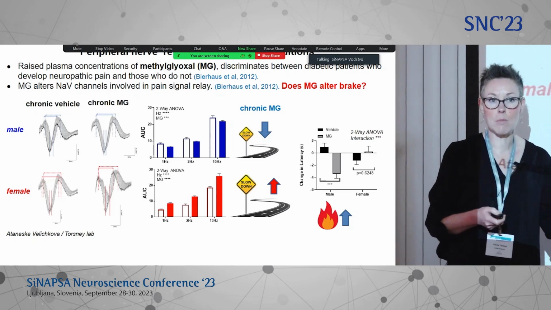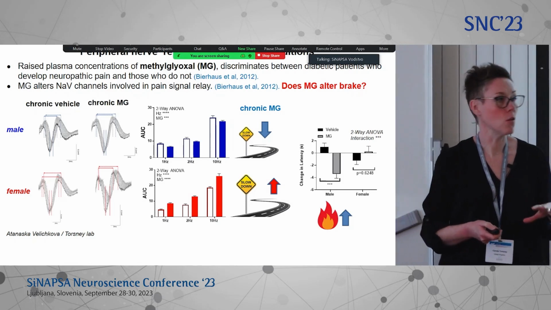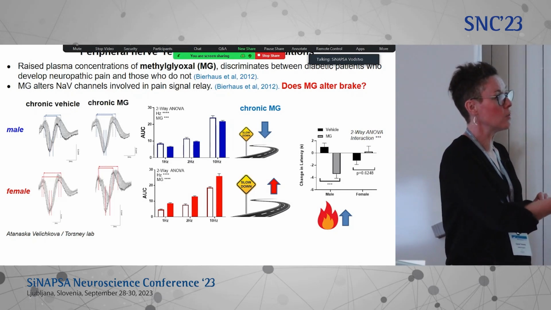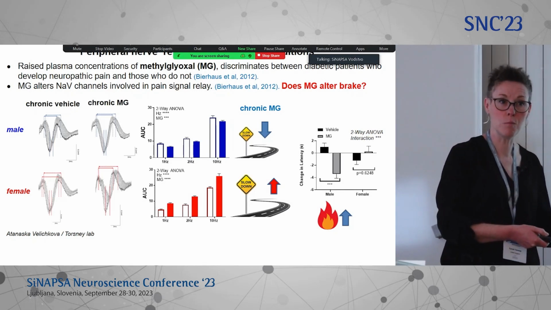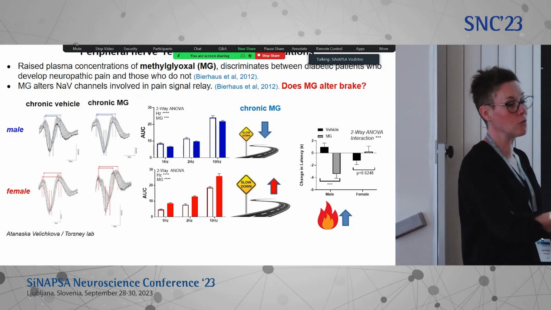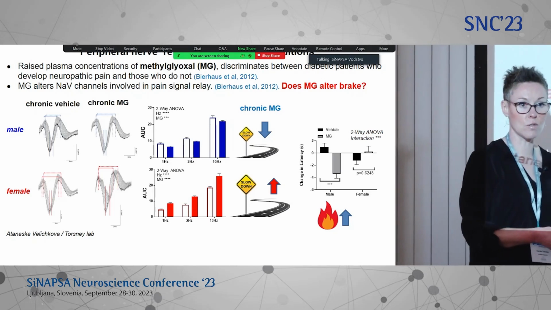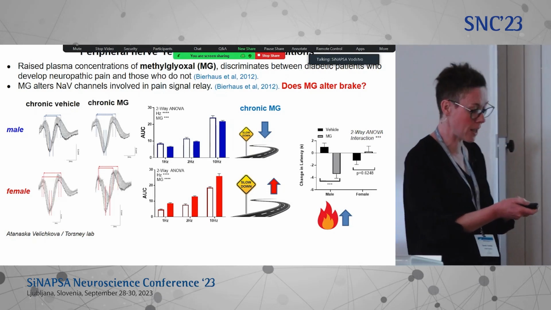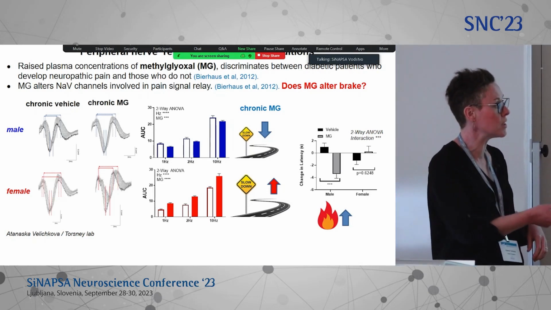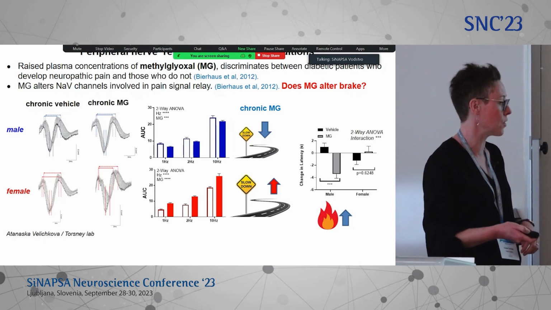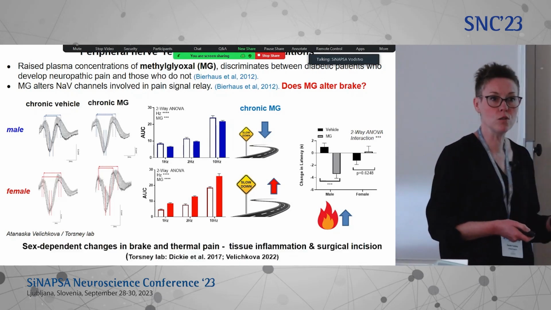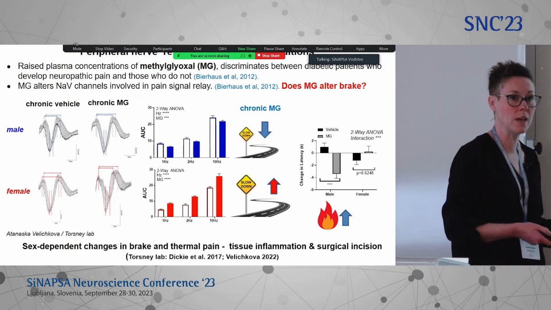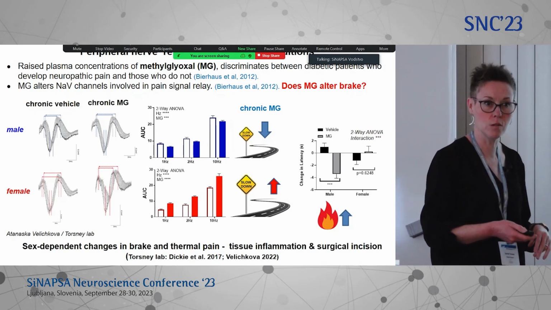And if we systemically administer methylglyoxal to subjects, in males, this drives a thermal hyperalgesia, but in actual fact, in females, it does not. So we see a sex-dependent effect of methylglyoxal on this pain break and behaviours. And we've also observed sex-dependent changes in this break and thermal pain in other preclinical pain models.